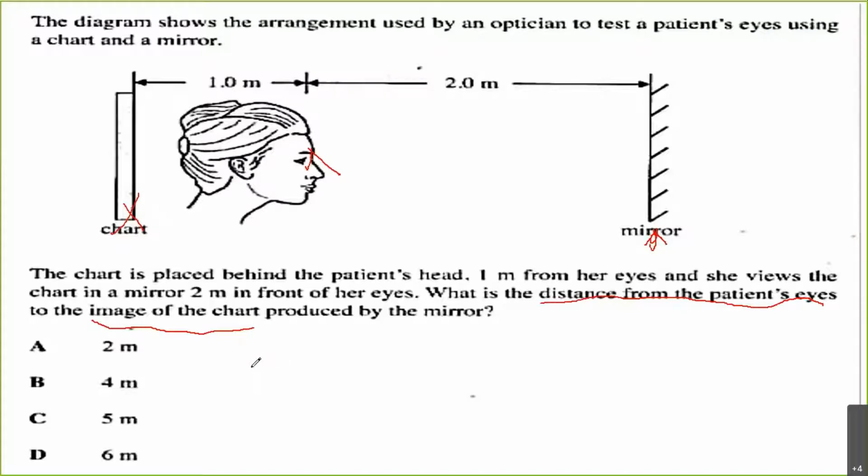Okay, let's go back. Behind the mirror. Okay, there we are. It's behind the mirror. How far behind the mirror? So this is my image of the chart. What's this distance?